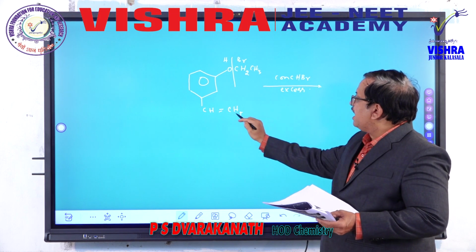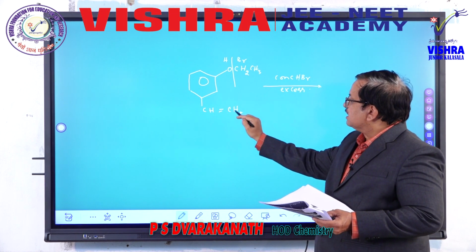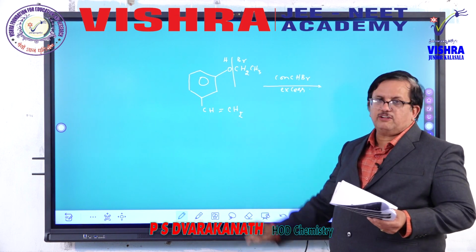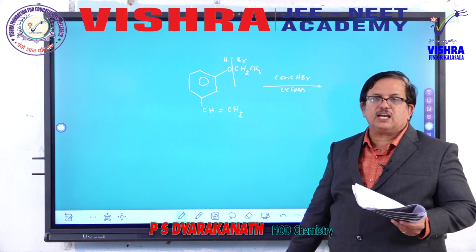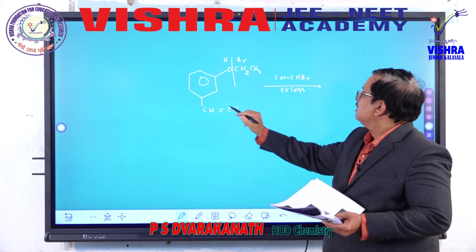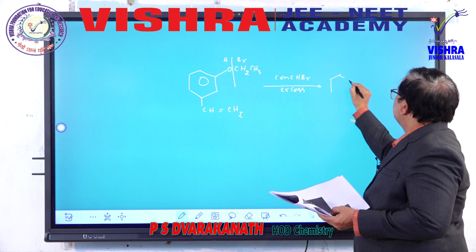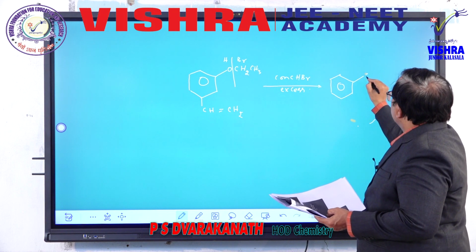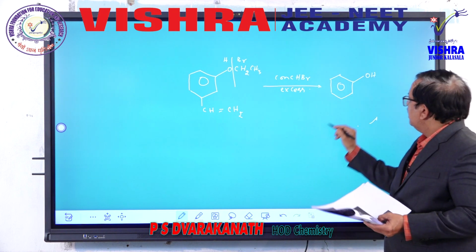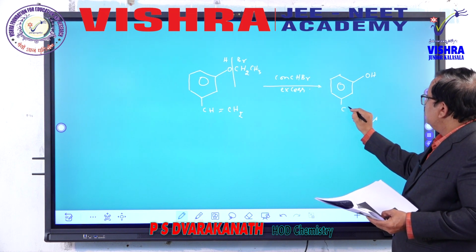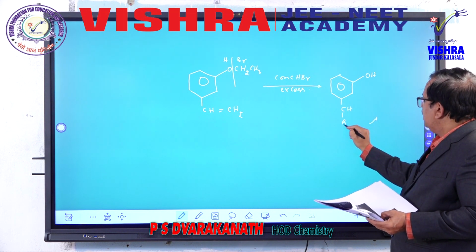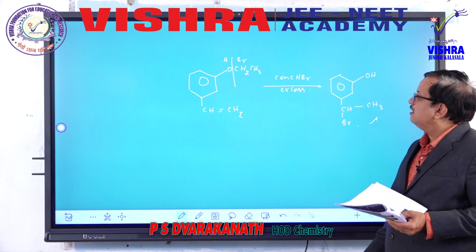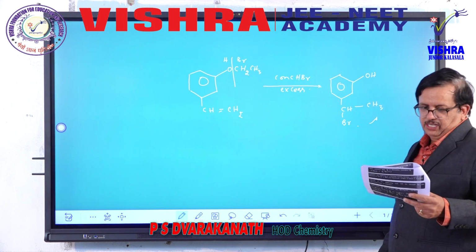The hydrogen will be added to the carbon that contains more hydrogens, so that it can form the stable carbocation. Therefore, the major product here is this option, that is OH should be there, and here you have CHBr, CH3. This might have been the option for that question.